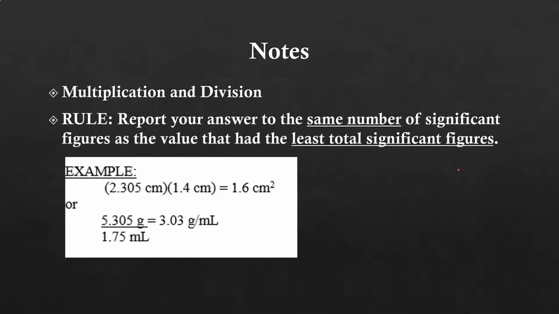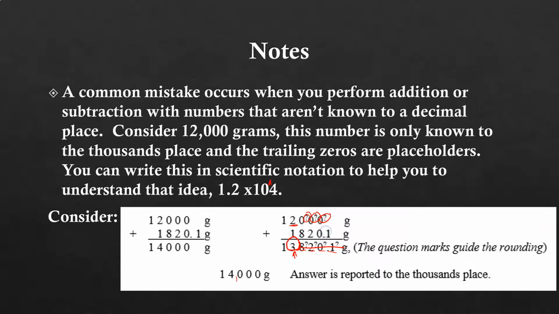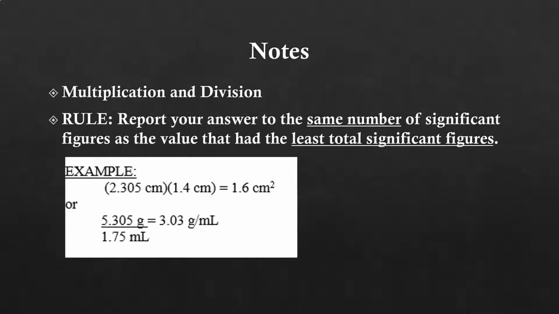For multiplication and division, it's a little more straightforward. Report your answer to the same number of significant figures as the value that had the least total significant figures. So in addition and subtraction, it's the smallest number of decimal places, or placeholder. For multiplication and division, it is the smallest total significant figures.